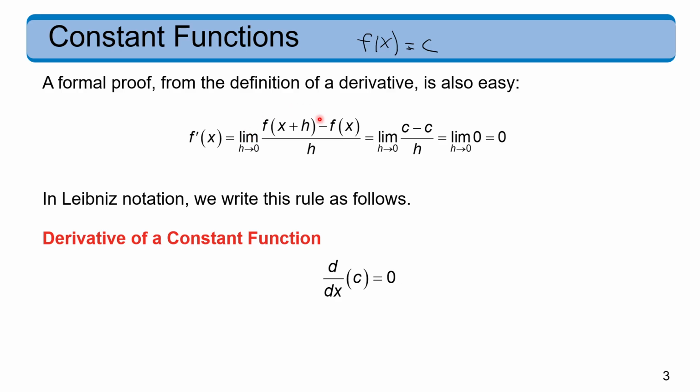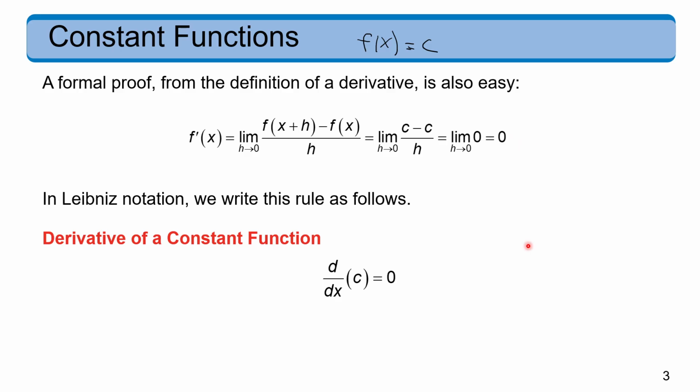So f of x plus h is equal to c, and f of x is also equal to c. In the numerator, that simplifies to 0. So we have 0 over h, and that fraction is equal to 0. Now we're taking the limit of a constant, which is always just equal to that constant. So we conclude f prime of x equals 0.